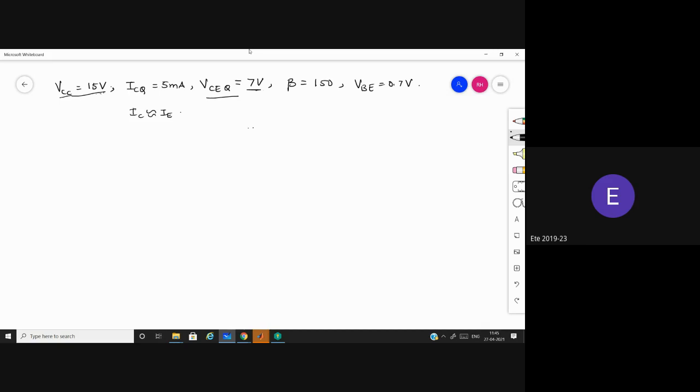To find R1, R2, we apply the voltage divider rule, and for that we obviously need the VB value. So first find VB. VBE is equal to VB minus VE, so rearranging, VB is equal to VBE plus VE, which is 0.7 plus VE.